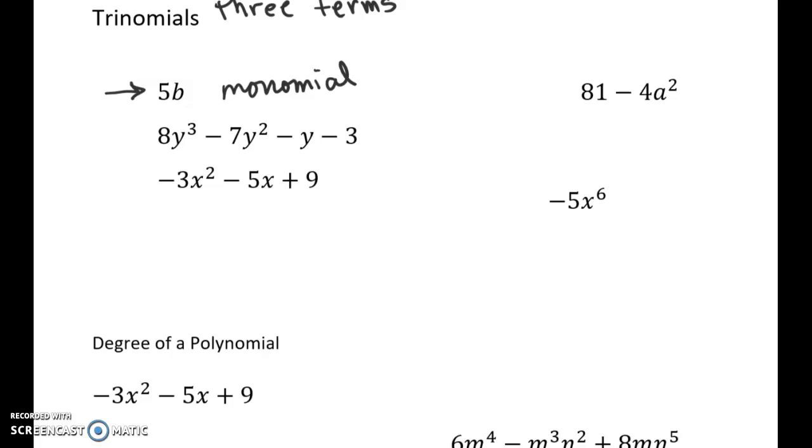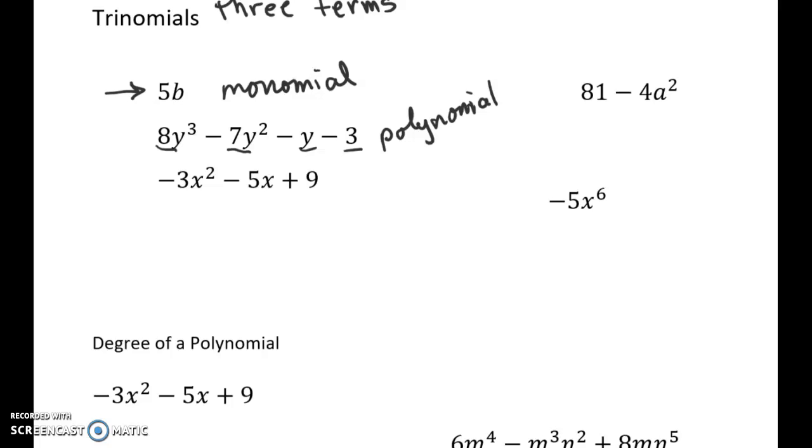Okay, the next one, notice that there are 1, 2, 3, 4 terms. Remember, terms are separated by addition and subtraction signs. So this would be considered a polynomial because it's got so many terms. Can't really call it a binomial or a trinomial or a monomial because it has too many terms.